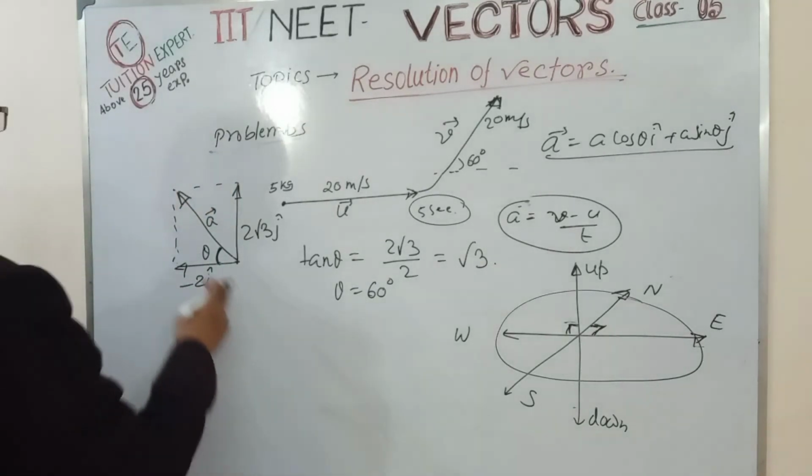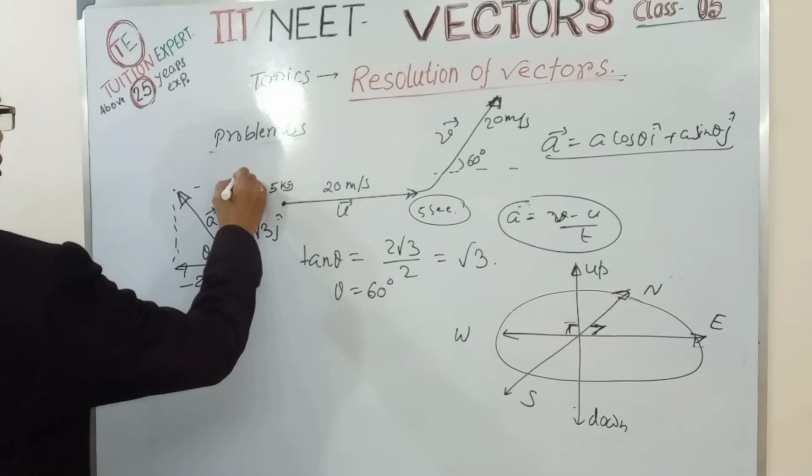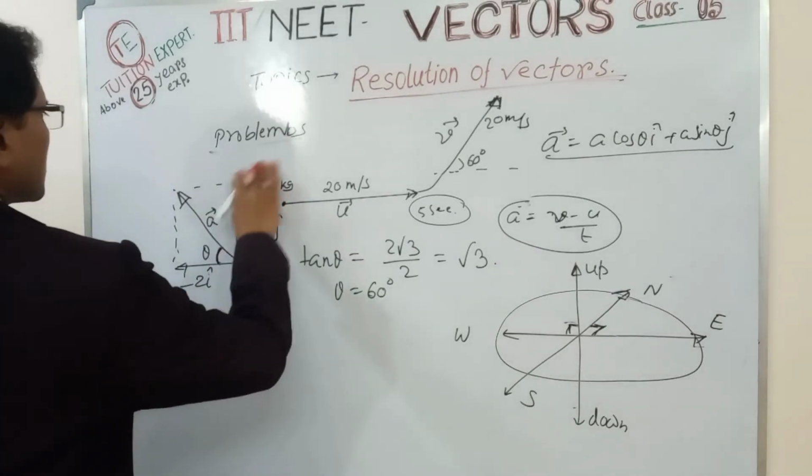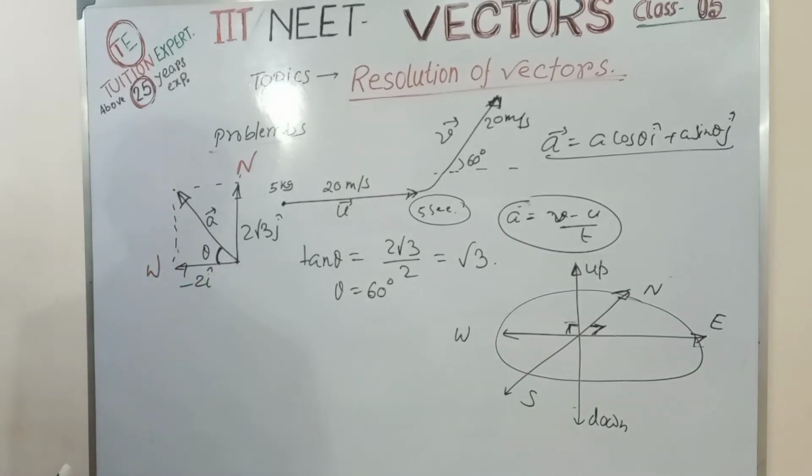Now, what is the direction of this? Suppose this is north and this is west. The direction is 60 degrees.